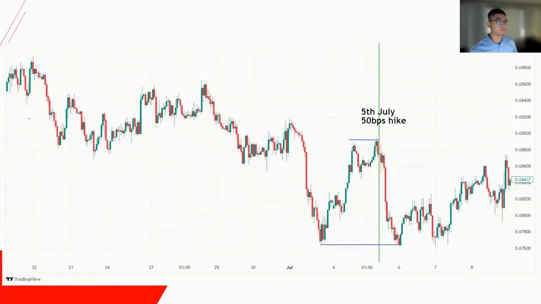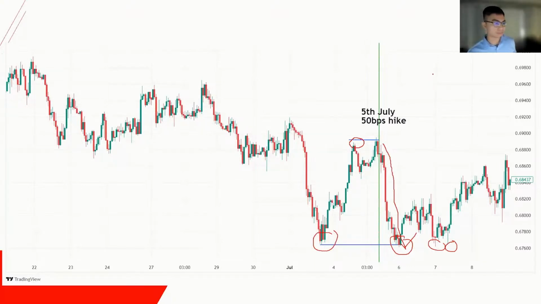Zooming in on the 5th July, 50 BPS hike, price went up, cleared the previous high right there before it moved all the way down towards the previous swing low, and it actually formed a support right there. So you already know price goes up first before heading down. Please screenshot this down before we continue. This is still related to the previous slide that I just showed you guys.